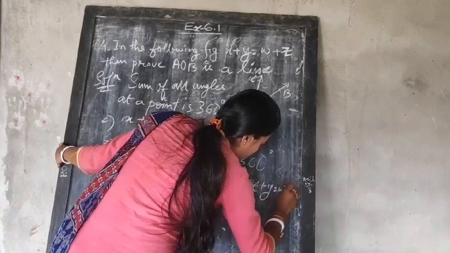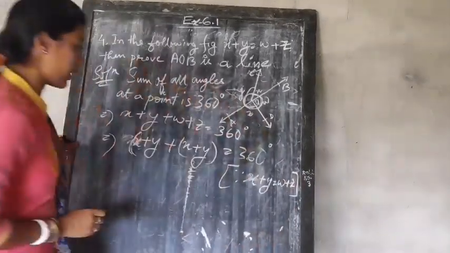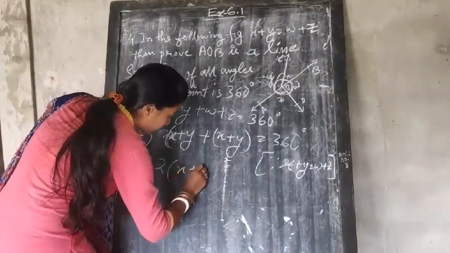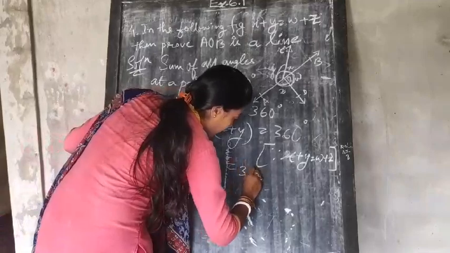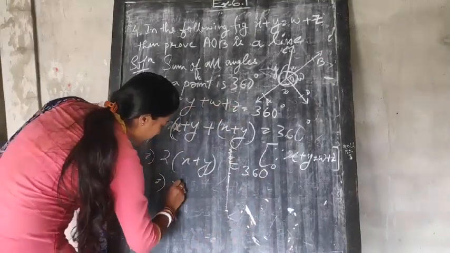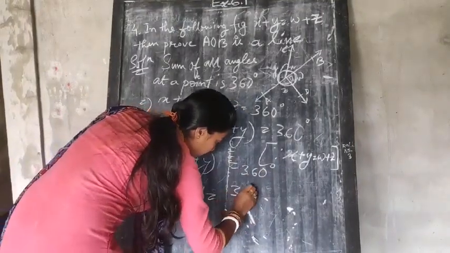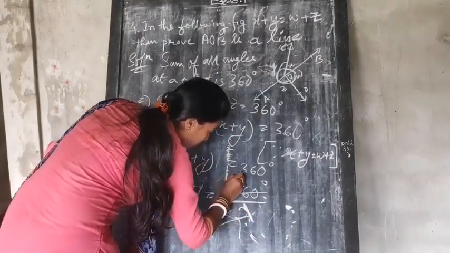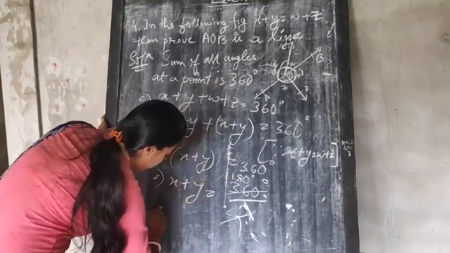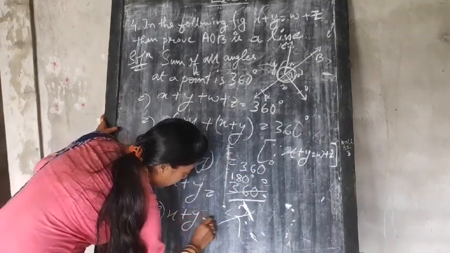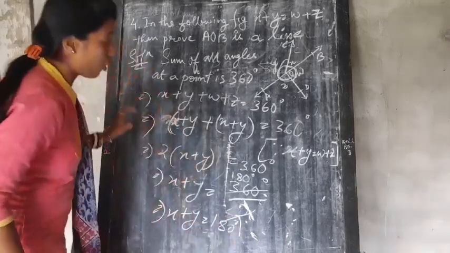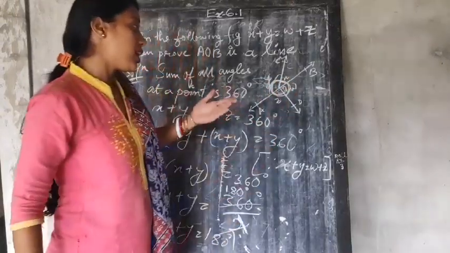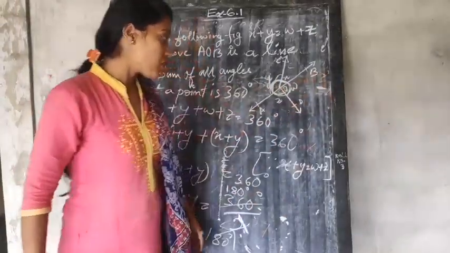So this one will come: 2 times x plus y equal to 360 degree. So x plus y equal to how much? 360 degree divided by 2. 2 ones are 2, 2 eights are 16, 0. So the answer x plus y comes to 180 degree. So if x plus y is equal to 180 degree, then it is proved AOB will be a straight line.